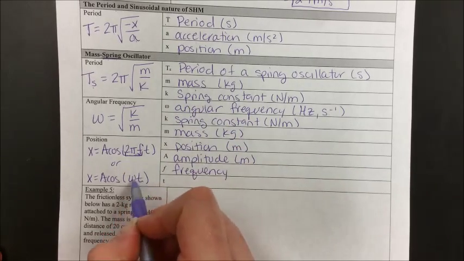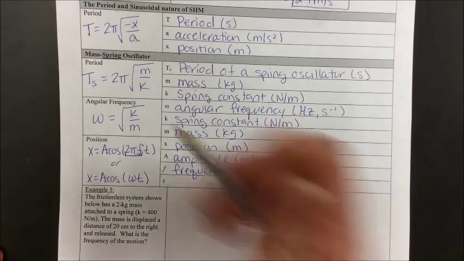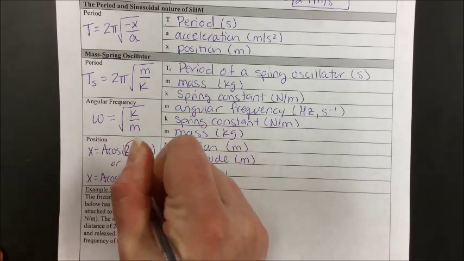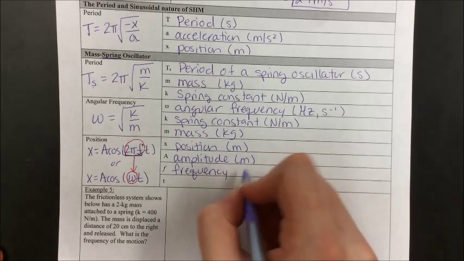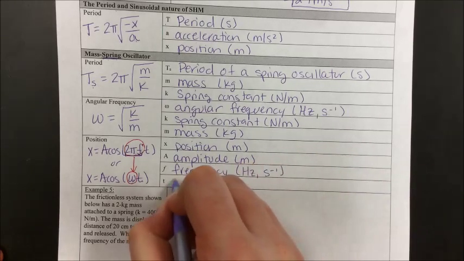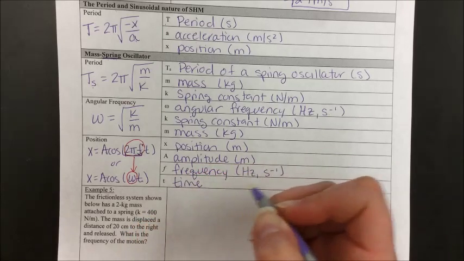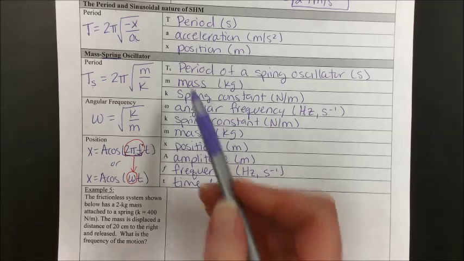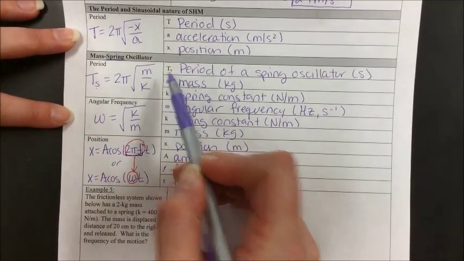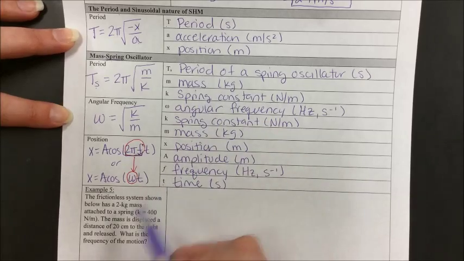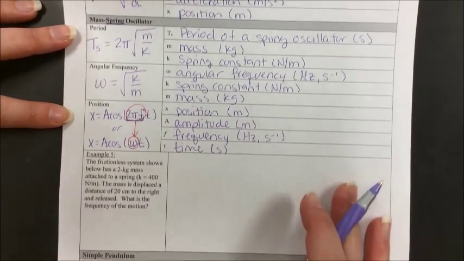And so those two things equal each other. I'm going to go ahead and circle that so that way you can see. Okay. So same formula there. And then t is going to be just the general time. Notice this is a lowercase t, and then up here we have a capital T. Capital T is the period, so that's one oscillation, and t is just some period of time.